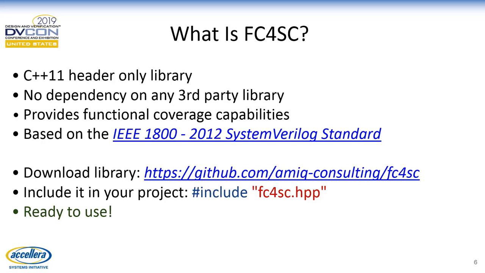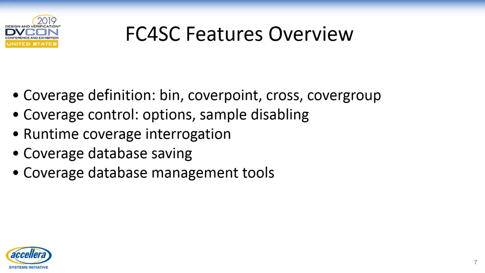So to use the library, you simply download it from the GitHub repository, and then you can include it in your project, and you are set to go. As an overview of what the library is able to do, it provides you all the things that you need in order to define a complete coverage model. These are the definition concepts for the coverage model: the bin, the cover point, cross, and cover group. And I'll explain them in more detail later.